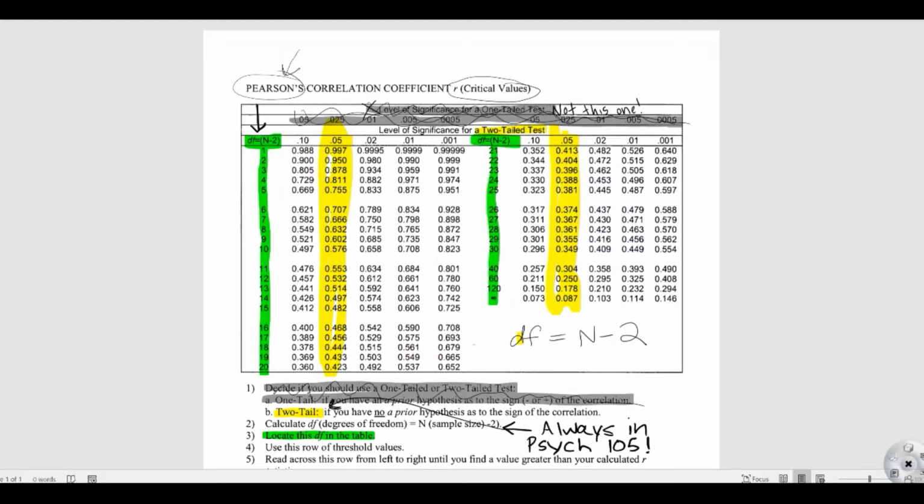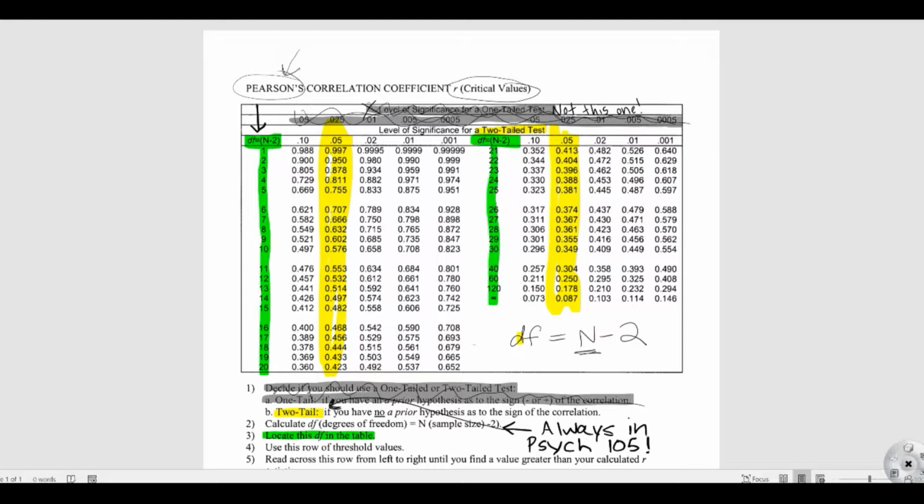So if we have 50 people in our sample, then our DF, degrees of freedom, is 48. If we had 3,012 people in our sample, our degrees of freedom is 3,010. So however many people you have in your sample, subtract 2, and that's your degrees of freedom, and that tells you which row we're going to look down.